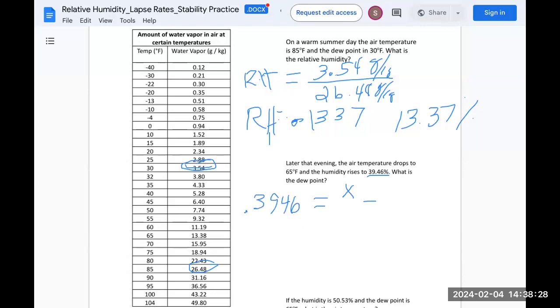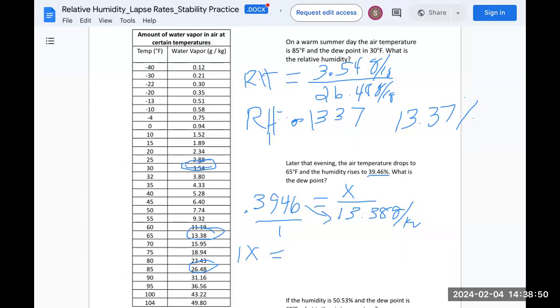But we do have the air temperature of 65, and we see that the amount at 65 degrees is 13.38 grams per kilogram. So now what I'm going to do is cross multiply and divide, but I don't need to divide because it's a 1x. So I'm just going to cross multiply.